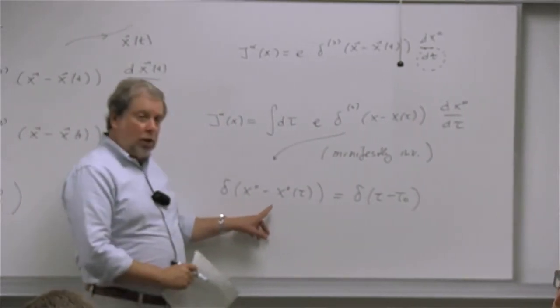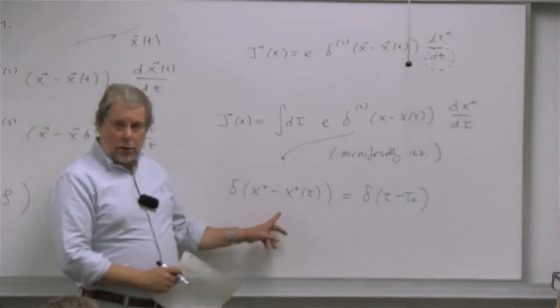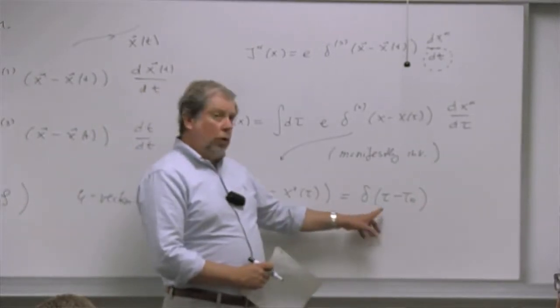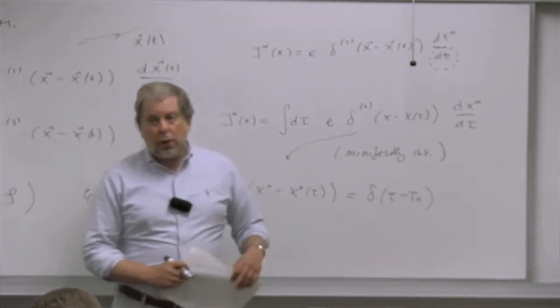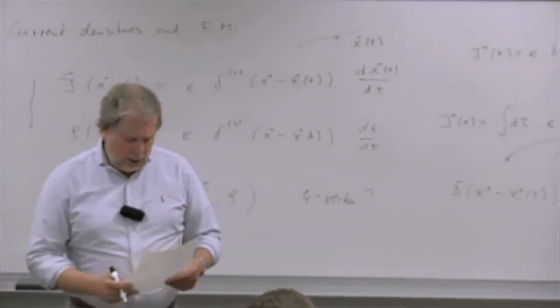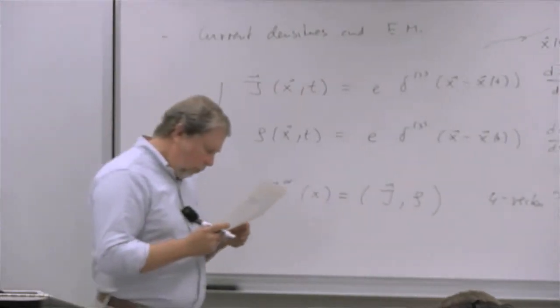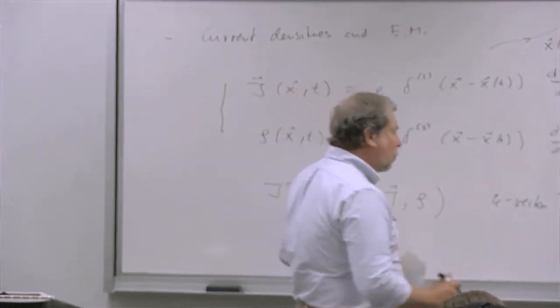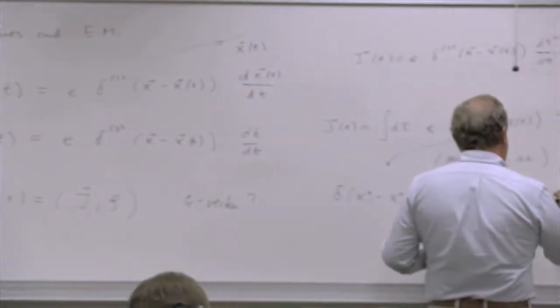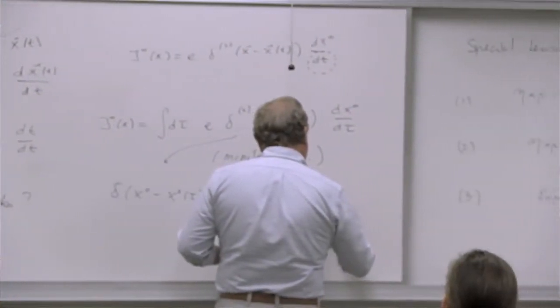So we change the variable to the x naught, which is the time, to the proper time. But we know that when you do a change of variable in the delta function, you pick up a factor of dt by d tau.